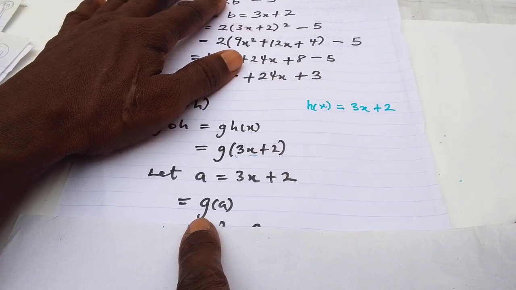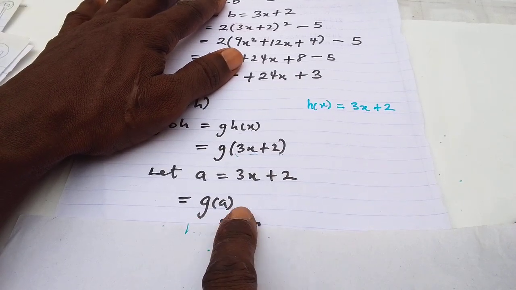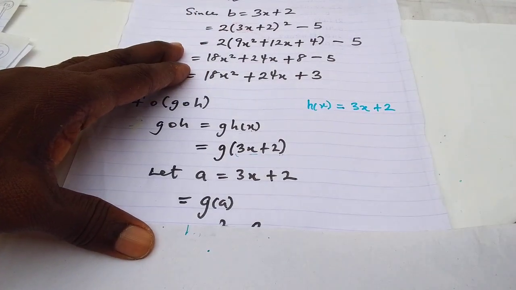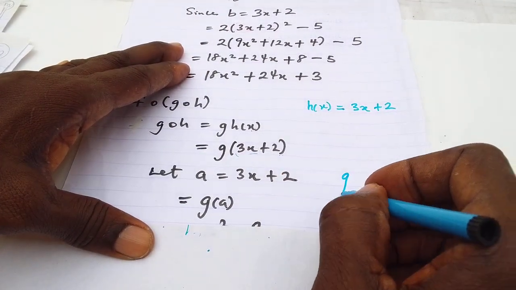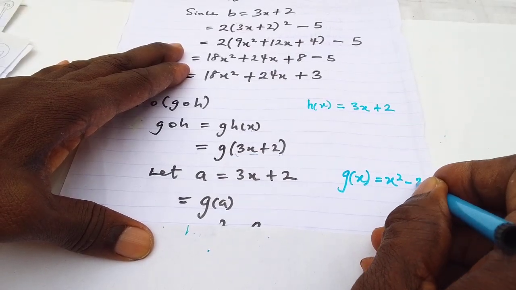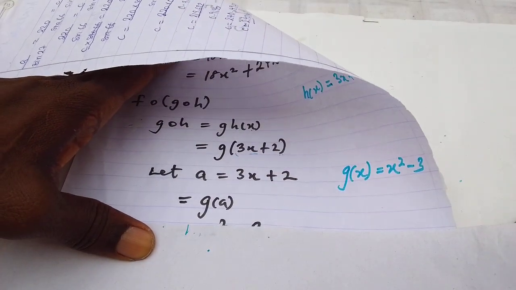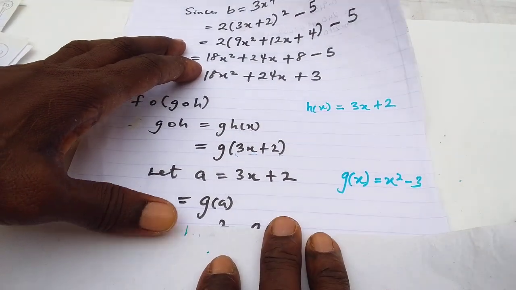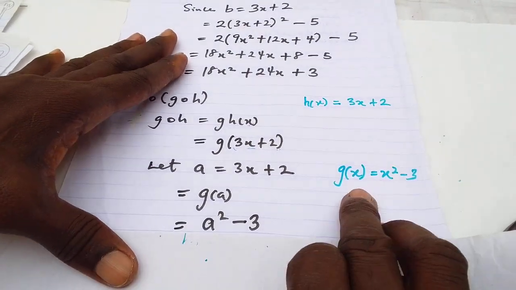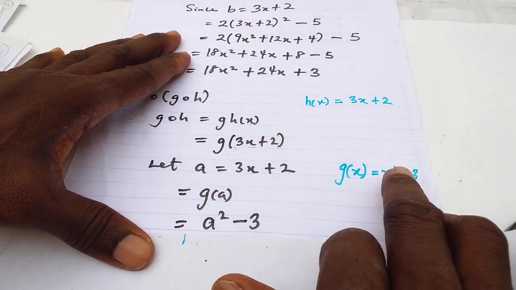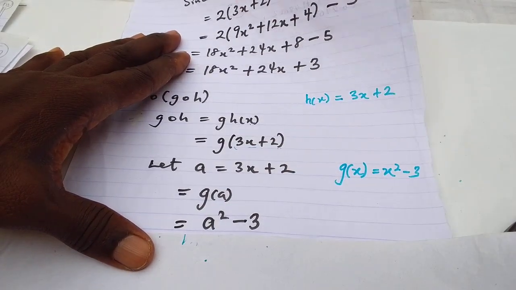Now for you to remove this g, you must substitute into the mapping of g. And the mapping of g says that x squared minus 3 is the mapping of g. Now if that is the mapping of g, it means that where you are having x, you are going to substitute a for that.